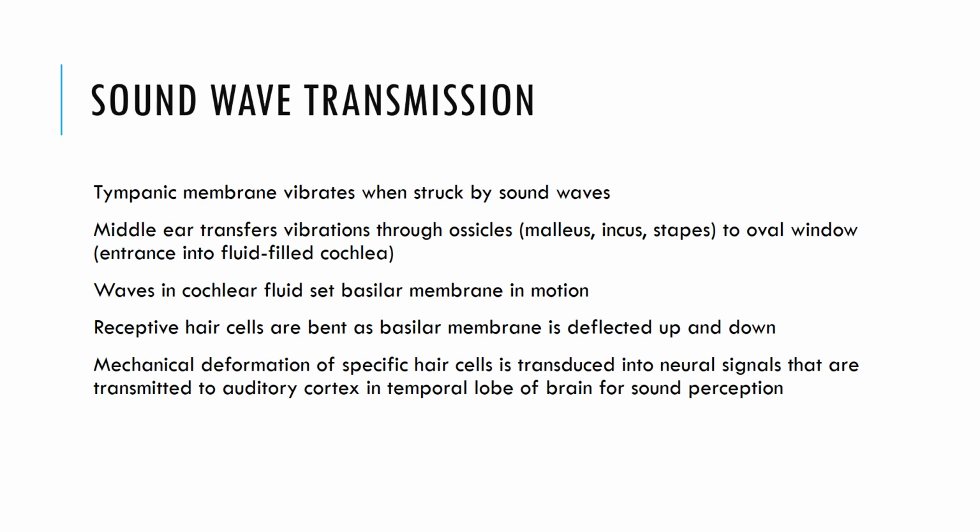And so these are either going to deflect up and down, and so start the perception of sound depending on what frequency they are being stimulated at. Also, mechanical deformations occur at the hair cells that are transduced into neural signals that then transport into the temporal lobe for the auditory cortex, where we have the perception of sound.